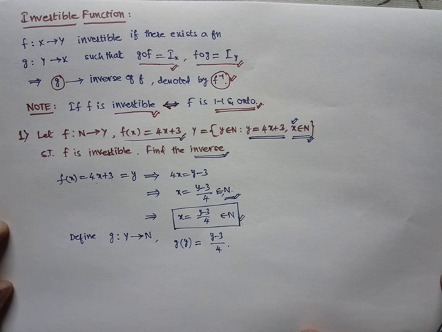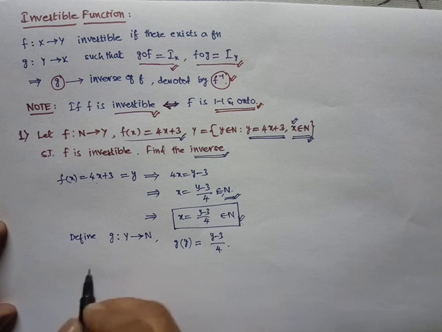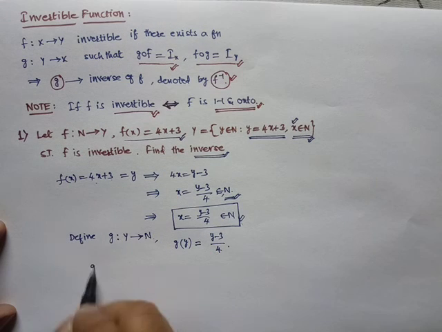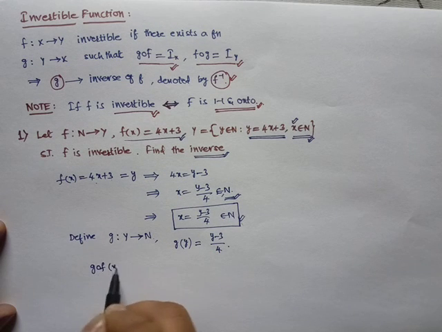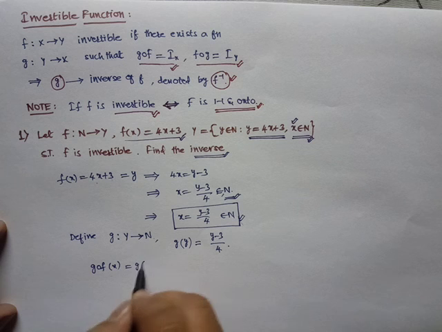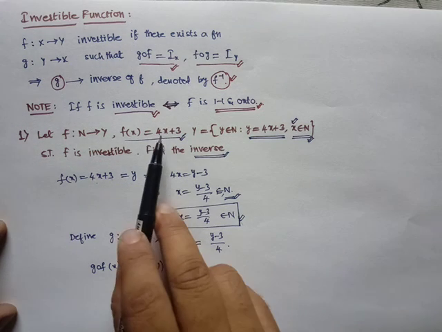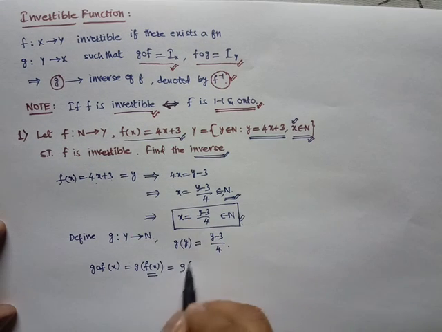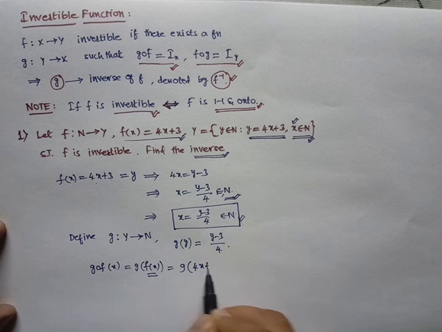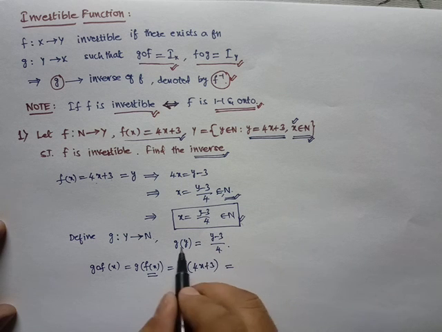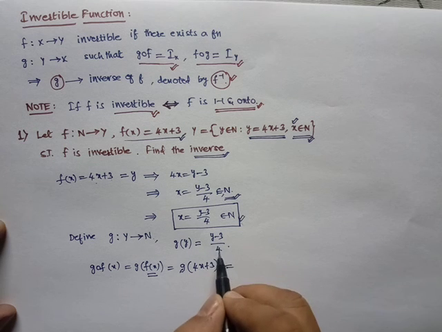After defining the function, now f circle g and g circle f, you make it. First of all, I'm taking g circle f of x. So g circle f of x is equal to g of f of x. What is your f of x? f of x is equal to 4x plus 3, and g is the function g of y equals y minus 3 by 4.